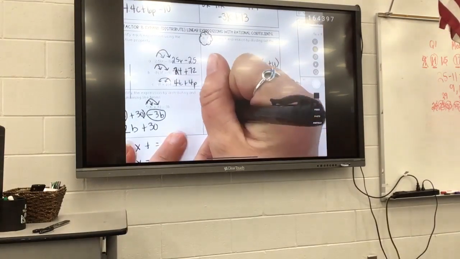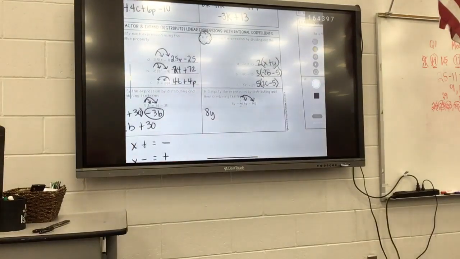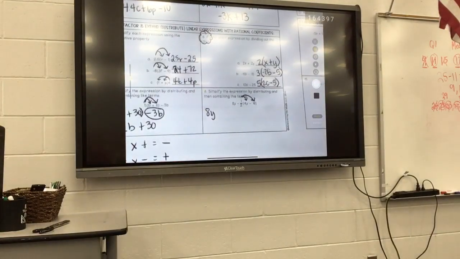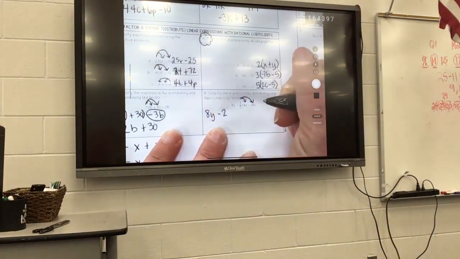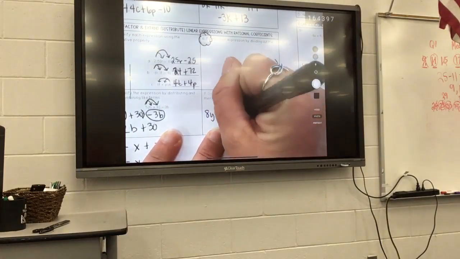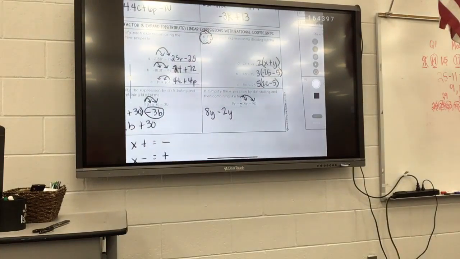So I'm going to have 8y. And what is negative half times 4? It's negative half times 4. Caleb? Negative 2. Negative 2y. And then what's negative half times negative 16?